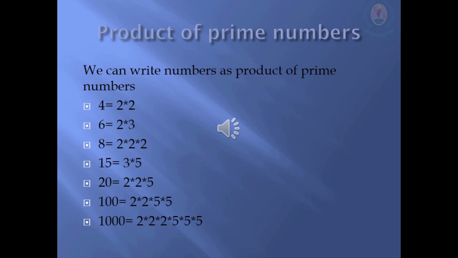Product of prime numbers. We can write numbers as a product of prime numbers. As an example, 4 we can write as 2 times 2. 2 is a prime number. 6 we can write as 2 times 3. 8, 2 times 2 times 2. 15 we can write as 3 times 5. 20, 2 times 2 times 5. 100 we can write as 2 times 2 times 5 times 5.